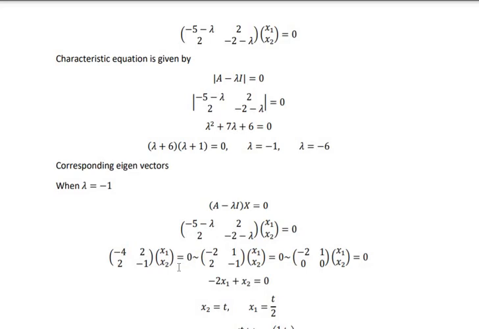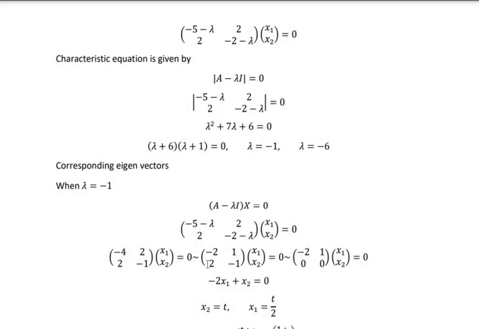So that will be equal to 0. Now apply lambda is equal to minus 1. That will give you minus 5 minus minus 1, which is minus 4, then 2, then 2, then minus 2 minus minus 1, which is minus 1. So x1, x2 will be equal to 0.